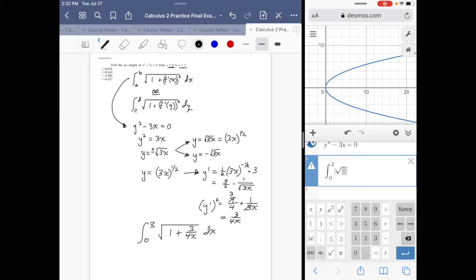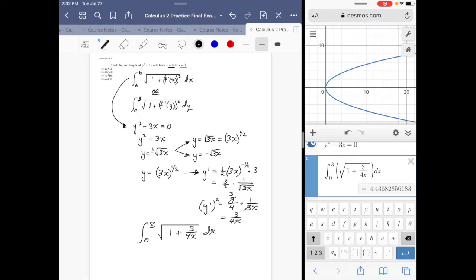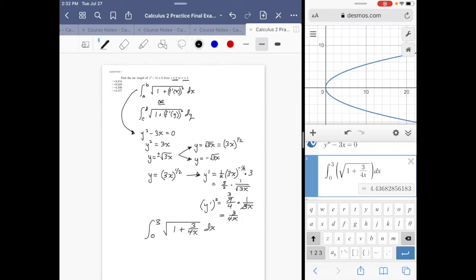I get paranoid about parentheses with these computers. So integrate from 0 to 3, radical 3 over 4x, dx. So I got 4.43 blah blah blah.